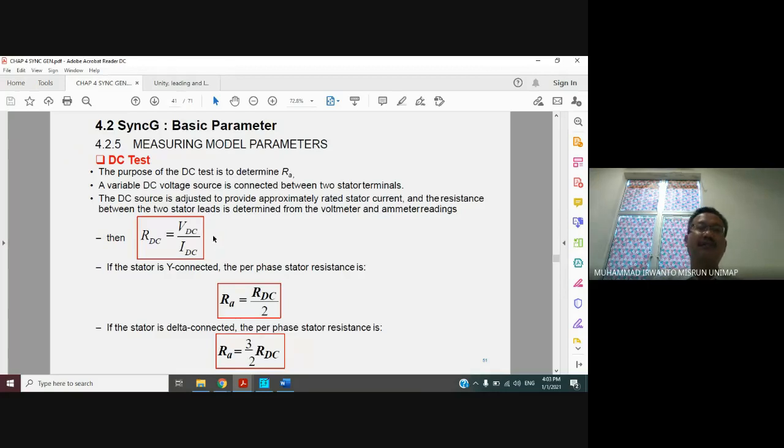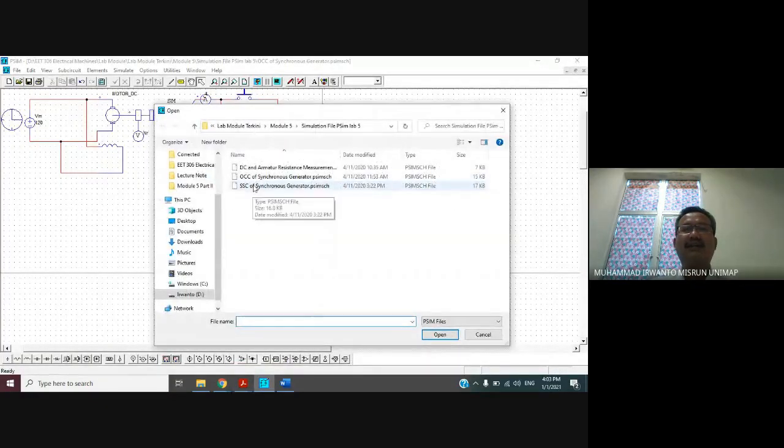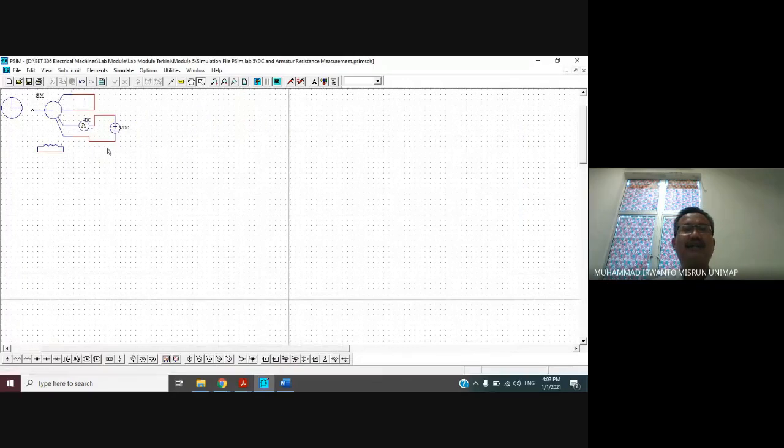First you do the DC test, lab 5 part 1. You connect the DC voltage source here, and then you measure the current flow.